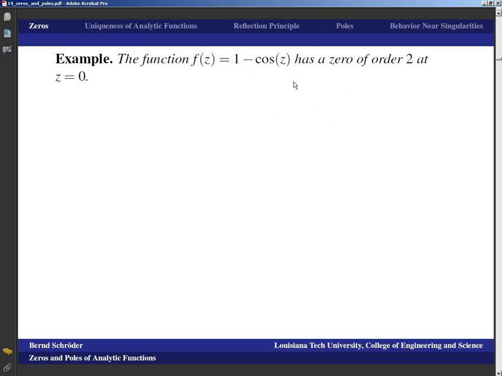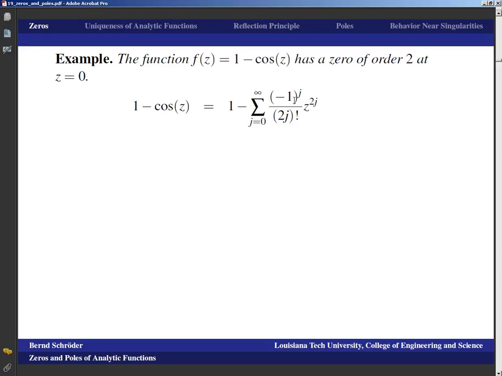The function 1 minus cosine z has a 0 of order 2 at z equals 0. Same story. 1 minus cosine z is 1 minus the power series expansion of the cosine, sum j equals 0 to infinity, negative 1 to the j over 2j factorial z to the 2j.